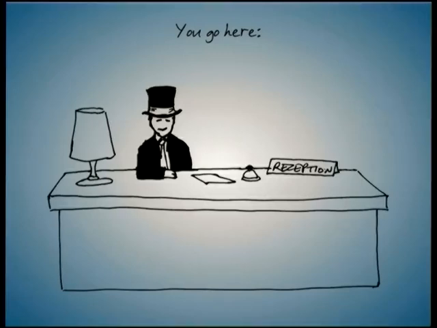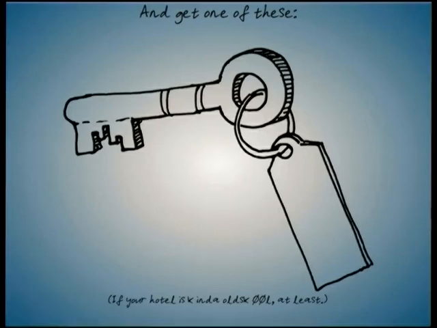And then we are assigned a room, and we're given one of these keys. If your hotel is a little more modern than this one, then it may be a key card, but that doesn't matter. You get something to get to your room, and you get the information where your room is.